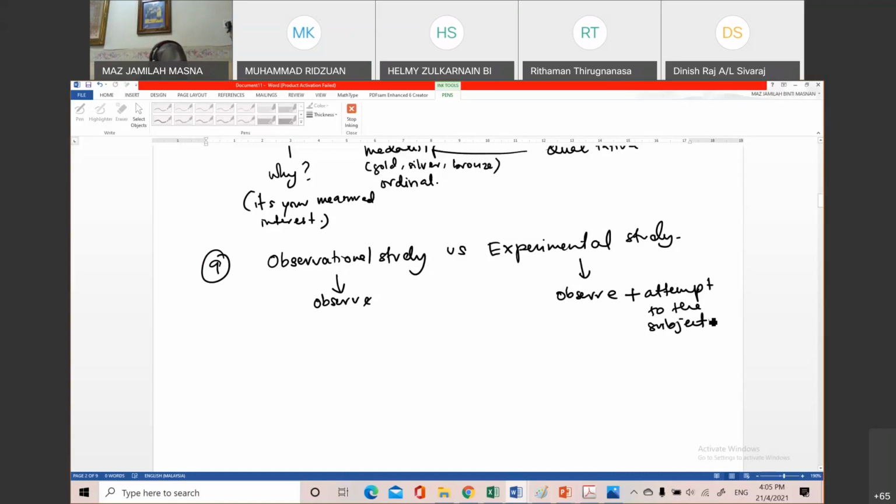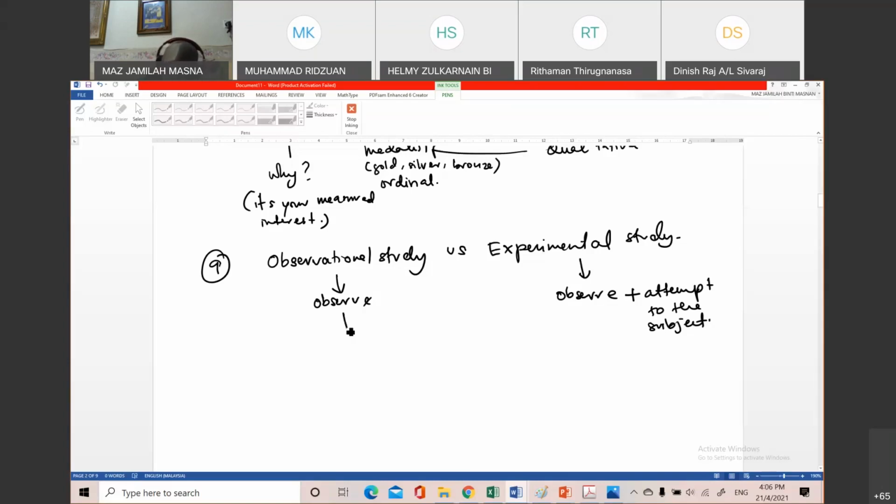If you are talking about trees and you are using different fertilizers for different trees, at the end of the season you will look at the yield of each tree. You would like to see whether the types of fertilizer used make a difference in producing more yield. That is the attempt in your experimental study.